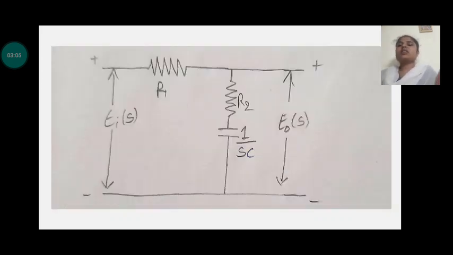Here we consider two resistances and one capacitance, R1 and R2, and the capacitance is 1 by sC. Here we show Ei(s) and Eo(s).